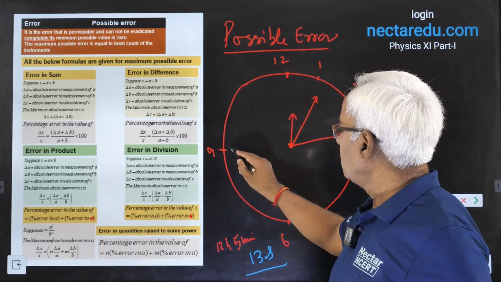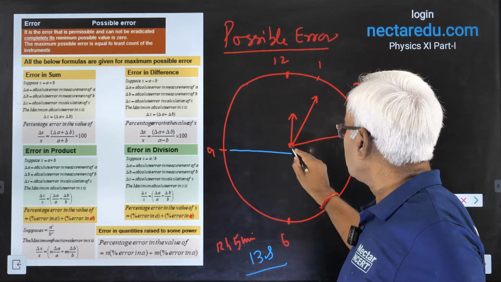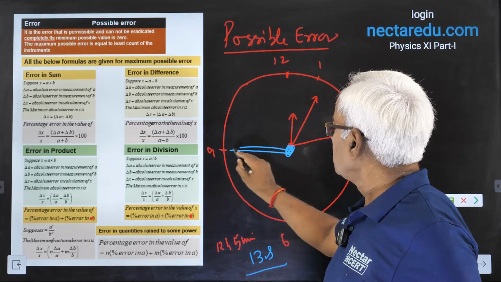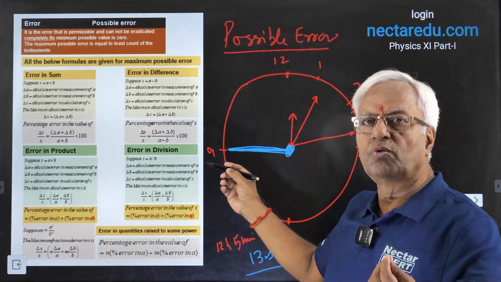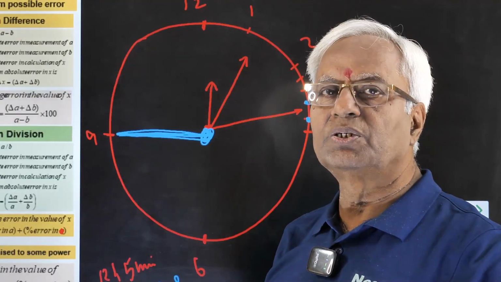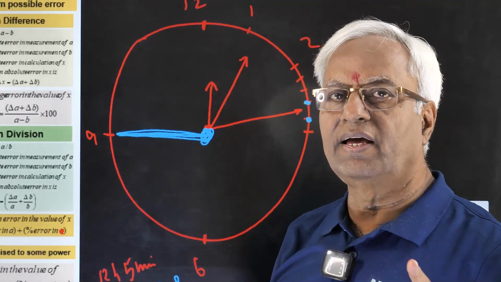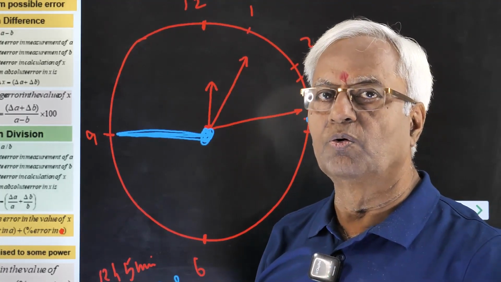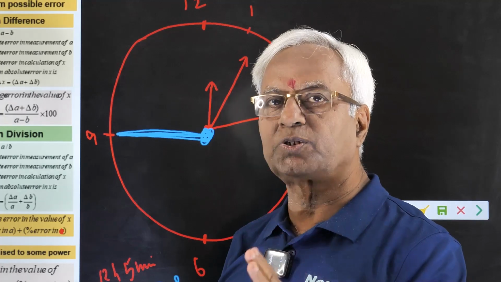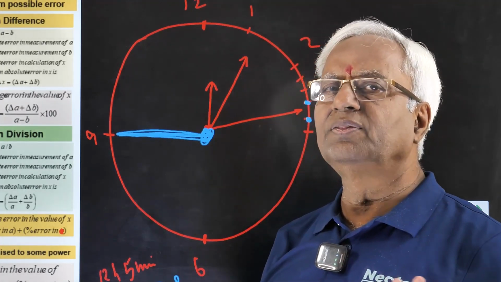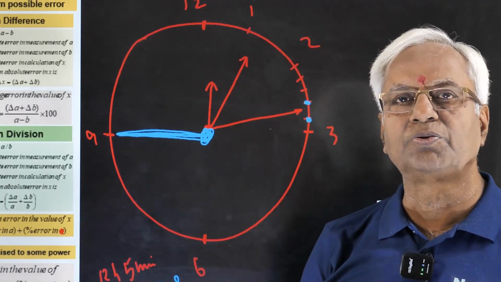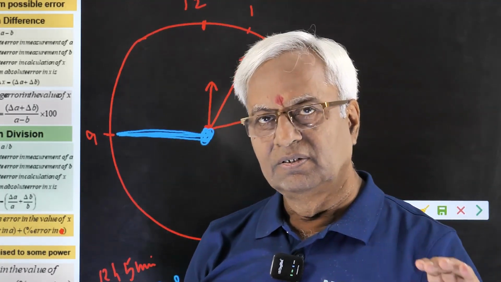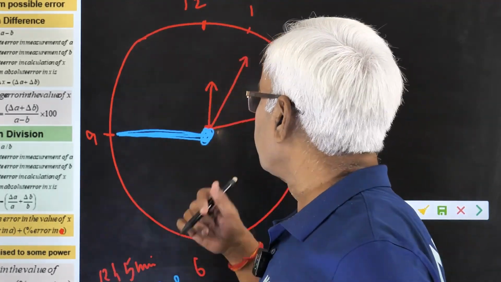Suppose the needle hand was exactly on the mark, then you would say there is no error. This is the minimum possible error, that means 0. What is the value of minimum possible error? 0. And this is not asked in questions, nor is it going to be the topic of discussion.